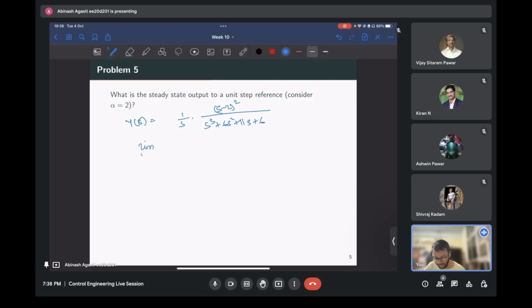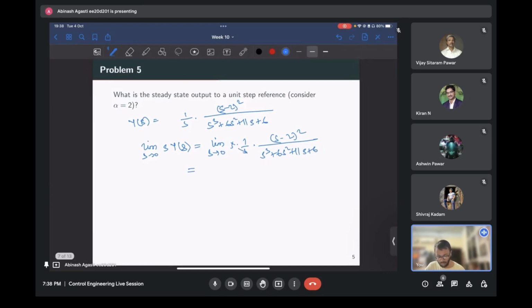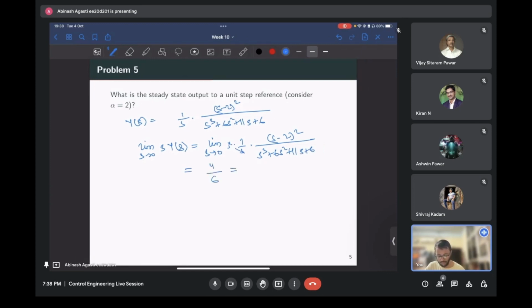Limit s goes to 0, s into y of s, that is limit s goes to 0, s into 1 by s into s minus 2 whole square by the terms, right? So what do we get? Everything cancels out, all the s terms go to 0, only the constants remain, so that is 2 by 3. Is it clear?